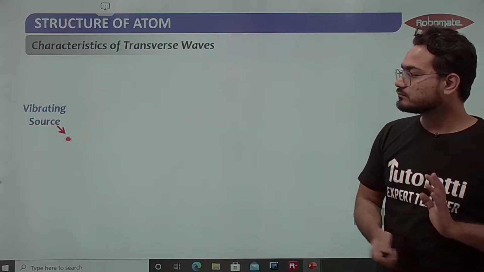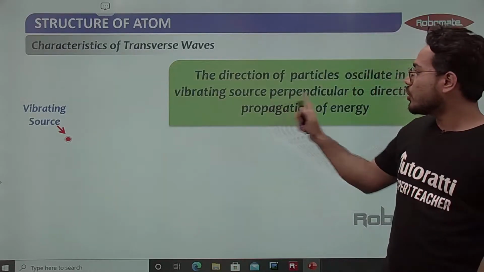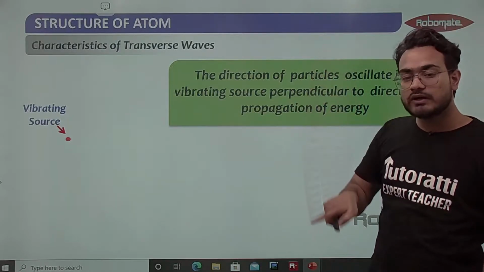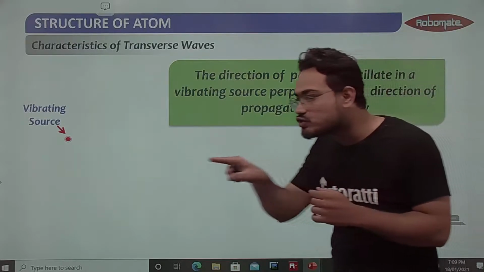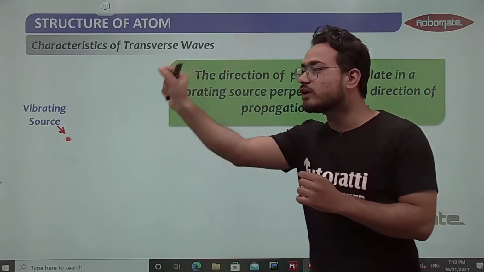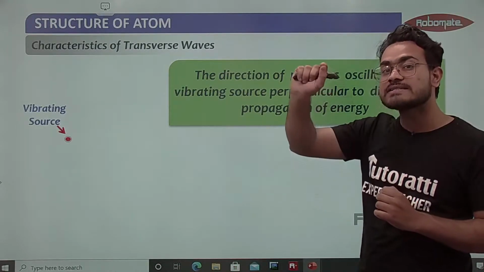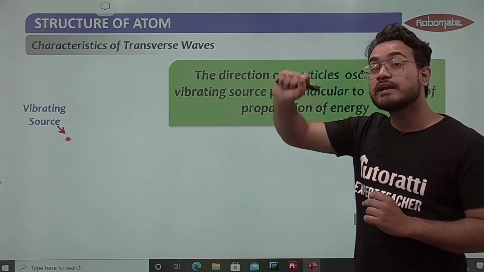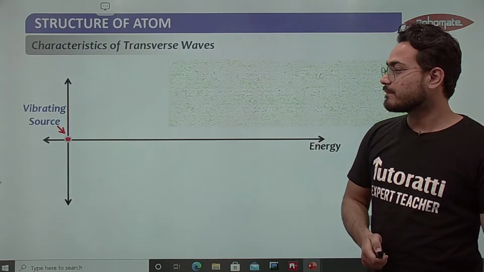Here, see, it's a source, a vibrating source, which oscillates perpendicular to the direction of its propagation. Wherever it has to go, it will move in the perpendicular direction. It moves or oscillates in the direction perpendicular to its direction of propagation, like this. Look at it.